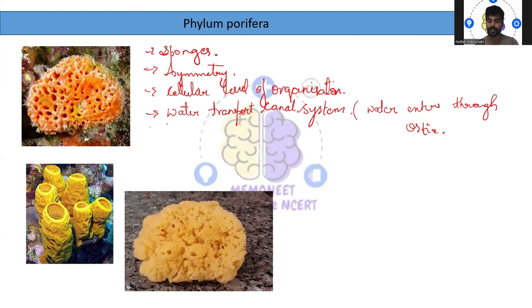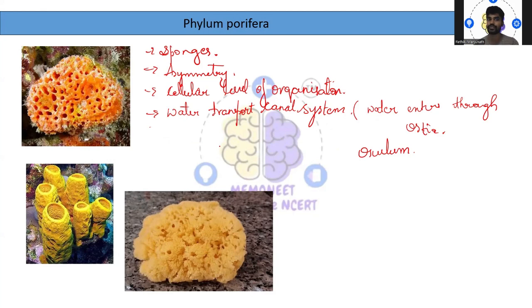And later on, what happens? The pathway of the water goes out through the osculum. This pathway of water transport into the body and out of the body helps in the supply of food, waste excretion, everything.